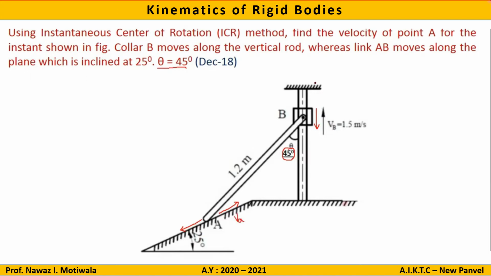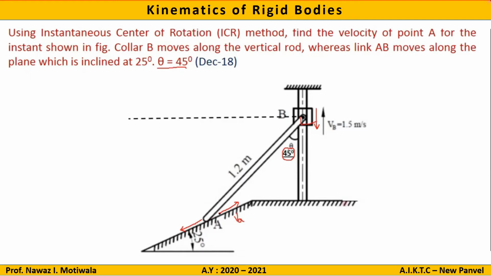Now what is our concept? Our concept is to find the ICR: draw perpendiculars to the velocity at that point. So I will make one perpendicular at this point B to this velocity. So this will be my perpendicular. You can see this is perpendicular to the velocity. Now at point A, the point A is moving along this direction at this instant.